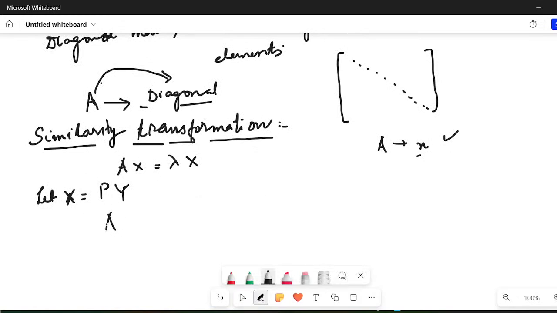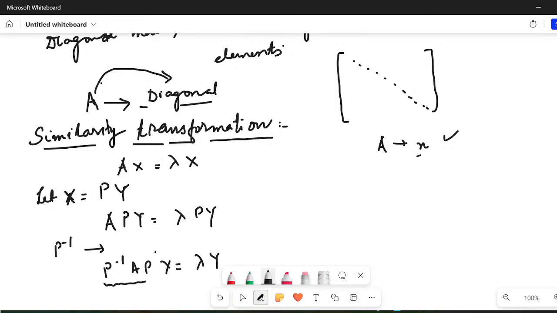Instead of x, if I use Py, it will be APy here, and lambda Py there. Now let me apply P inverse on the left-hand side. I get P inverse APy equals lambda, and since P inverse P is the identity, it is simply y.